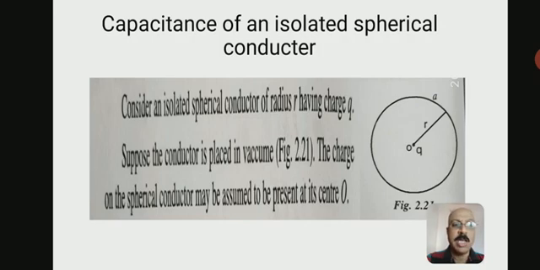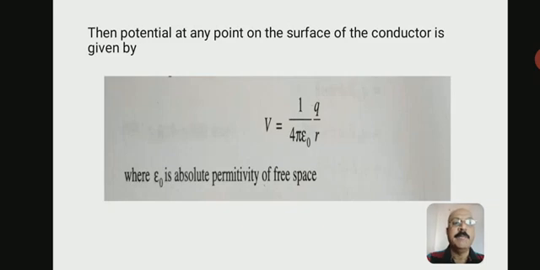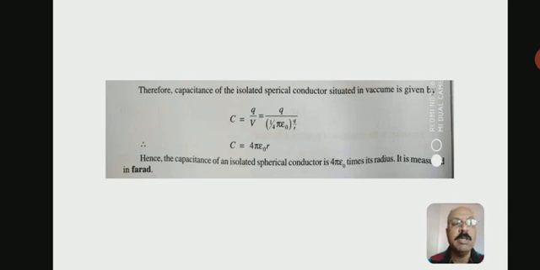The charge on the spherical conductor may be assumed to be present at its center. Then the potential at any point on the surface of the conductor is given by V is equal to 1 divided by 4 pi epsilon naught times Q divided by R, where epsilon naught is the absolute permittivity of free space.